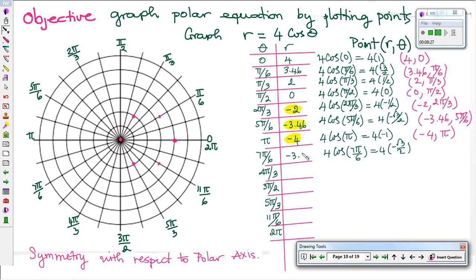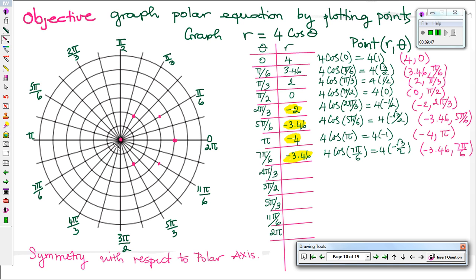So that will be negative 3.46. And again, we have negative directed distance. I'm going to go ahead and highlight this. So now I'm going to put the point. So the point we have is negative 3.46, comma 7 pi over 6.